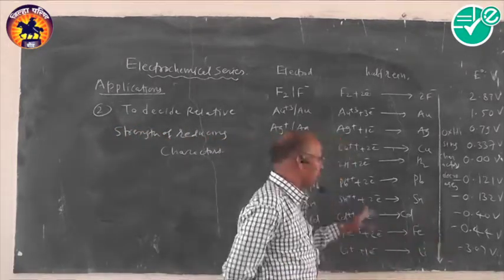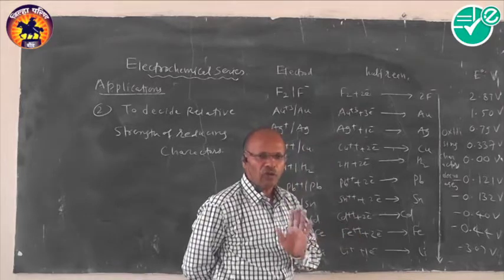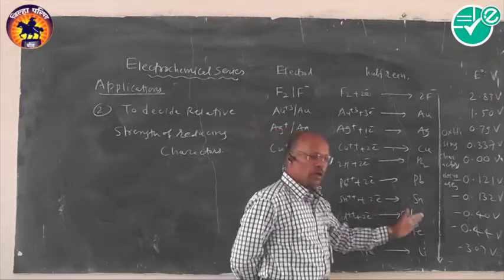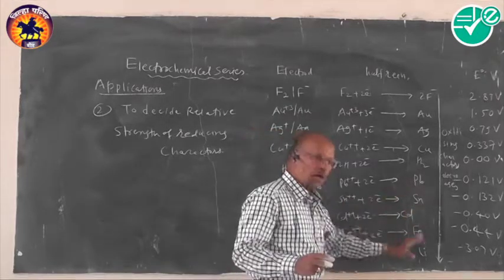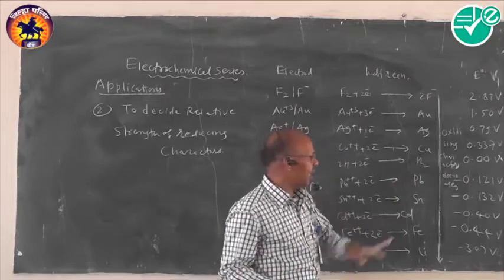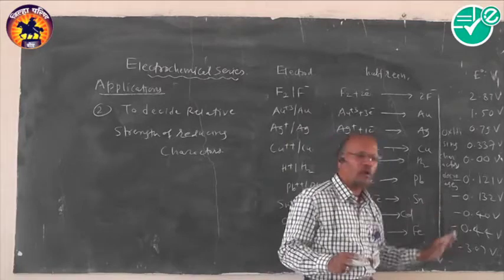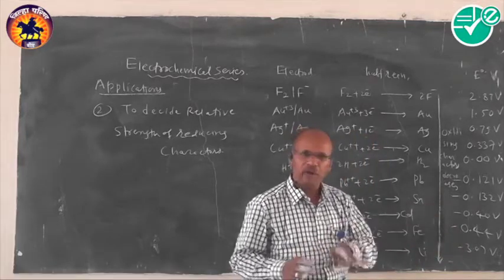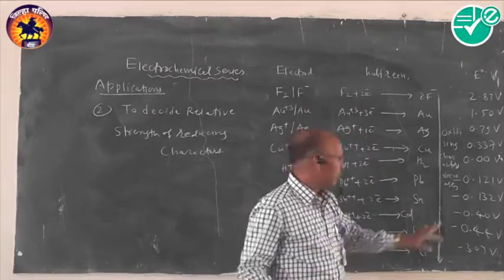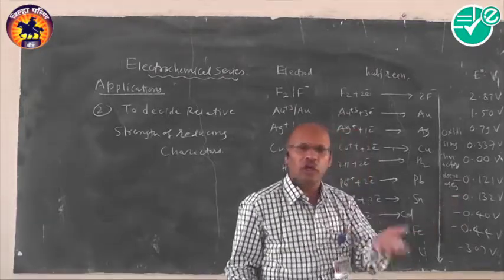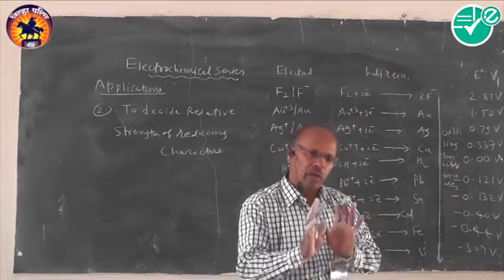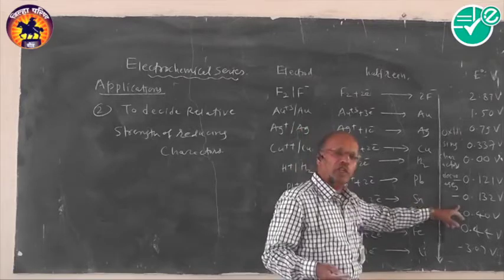Look once again, what happens here: the elements which have been placed on the right hand side of the half reaction at the bottom of the EMF series are observed to have negative values of standard potential. What does it mean? These elements don't have a tendency to gain the electron. Instead, they have a tendency to lose the electron.